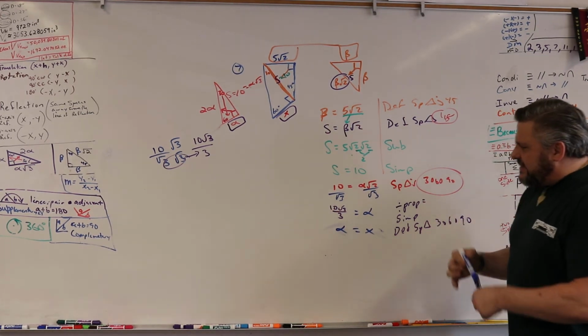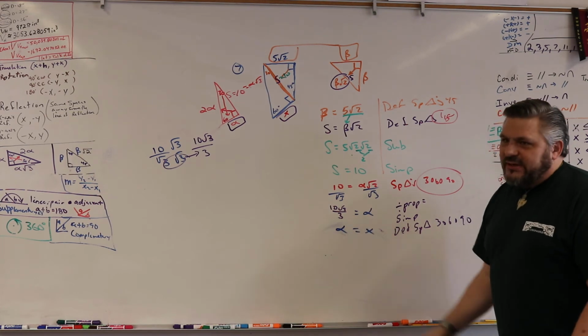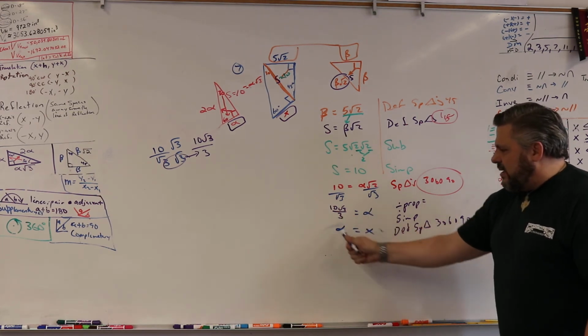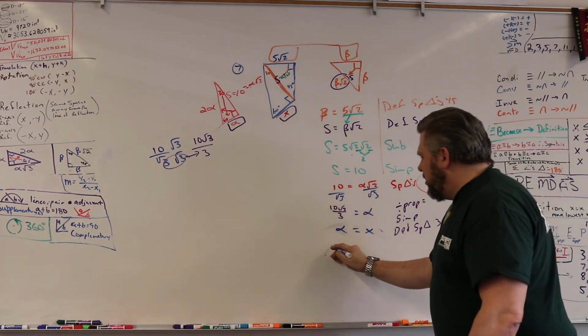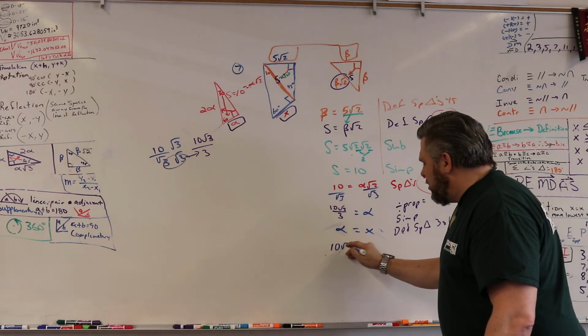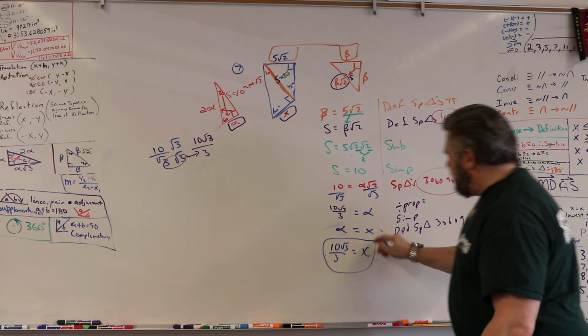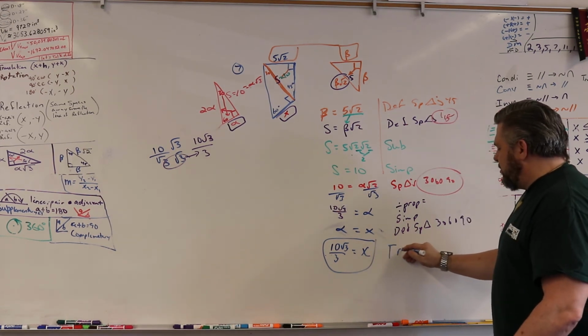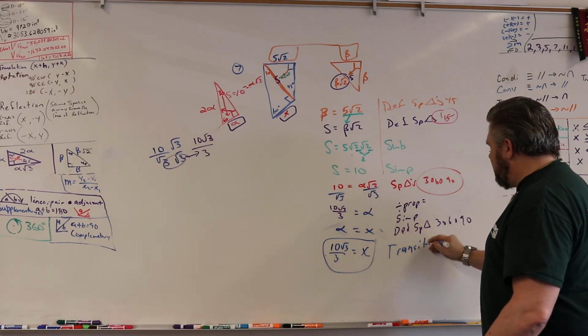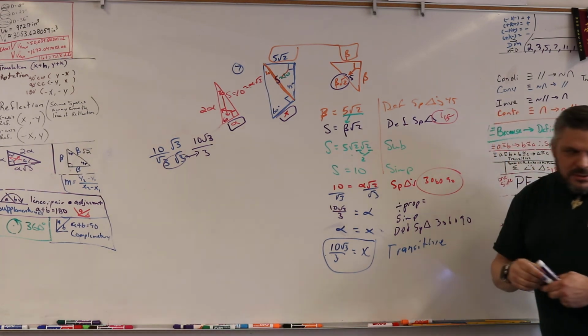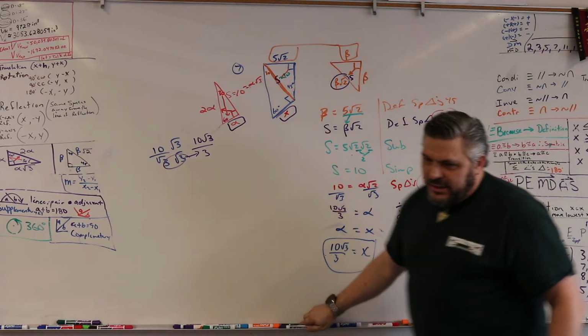And lastly, we're going to use the transitive property: if A equals B and B equals C, then A equals C. Transitive. I want to write this down later. And there you go.